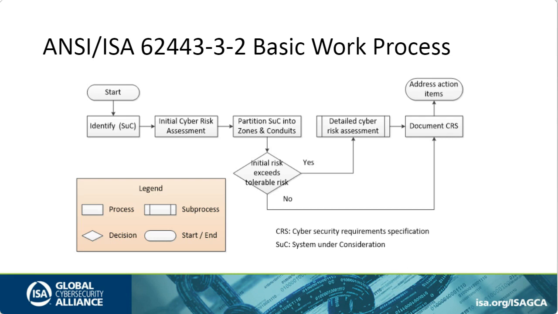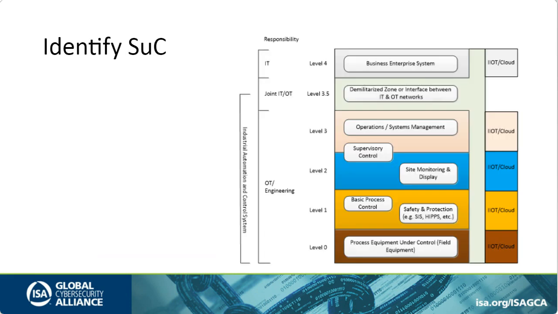So let's go through that in a little bit more detail. Let's first talk about the system under consideration. This picture is a high-level conceptual reference diagram, using the Purdue model, going from field equipment all the way up to your business enterprise systems.